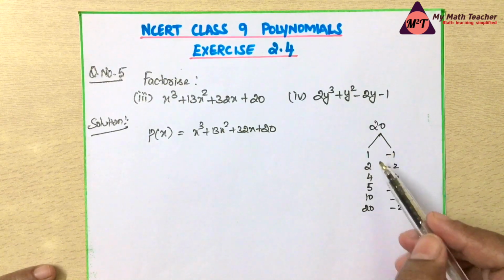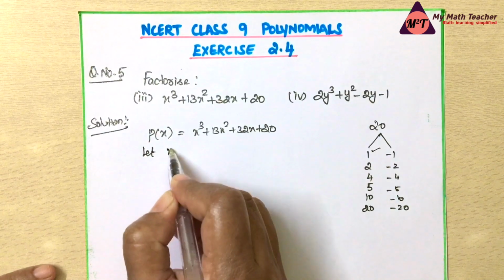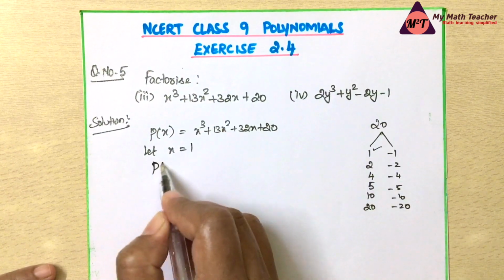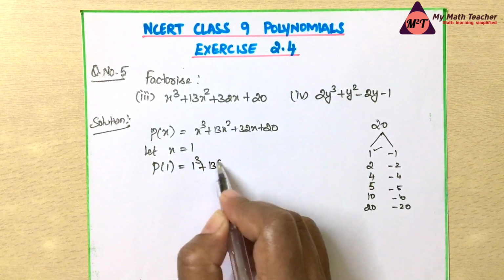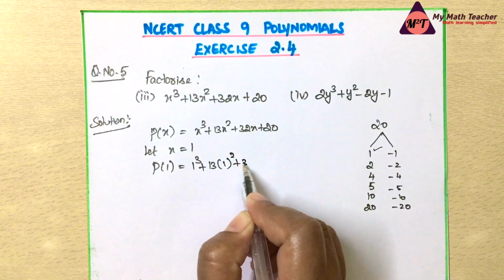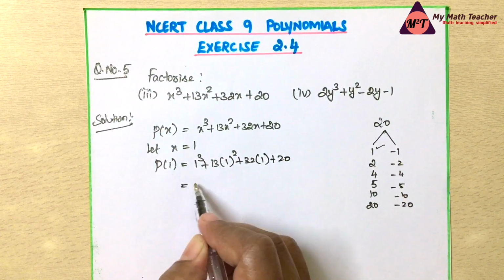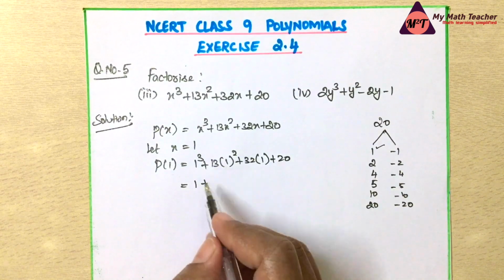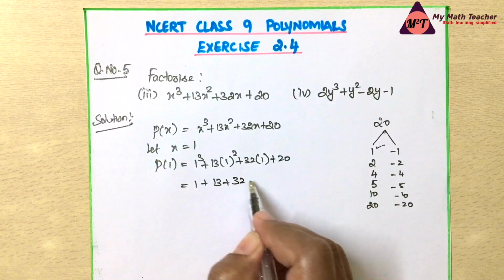So now let us consider the first one, that is 1. Let x is equal to 1. In the place of x we are applying 1. P of 1 is equal to 1 cube plus 13 into 1 square plus 32 into 1 plus 20, which is 1 plus 13 plus 32 plus 20.